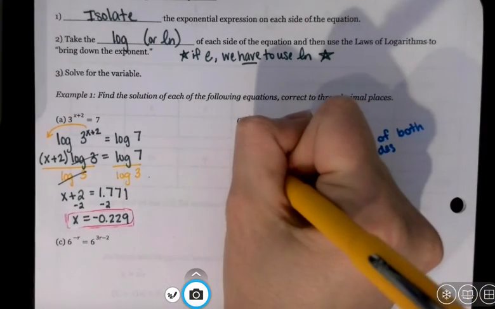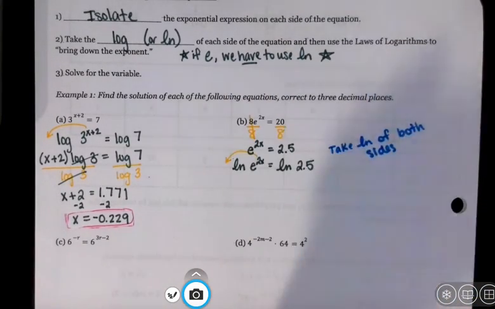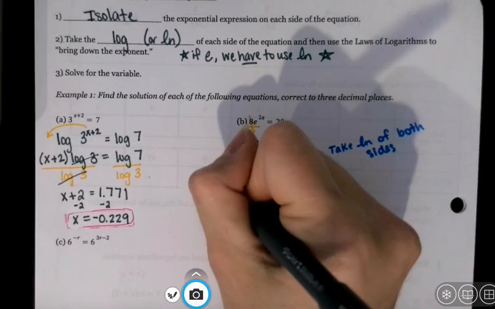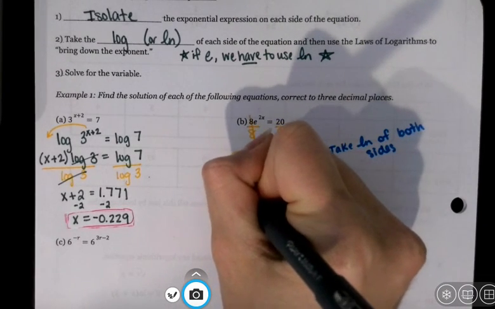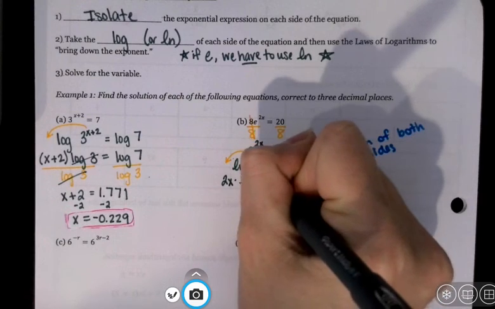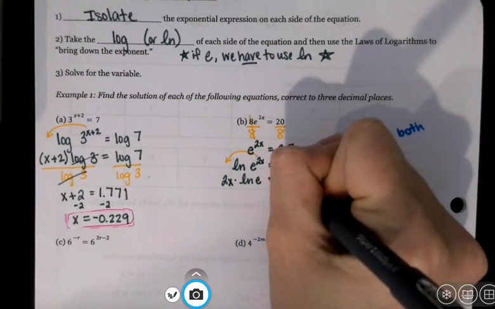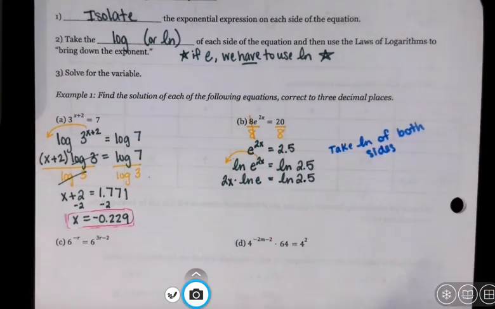When I do that, I can do my laws of logs and pull my exponent out in front. So I have 2x times natural log of e equals natural log of 2.5. There's a couple ways I can go about this now.